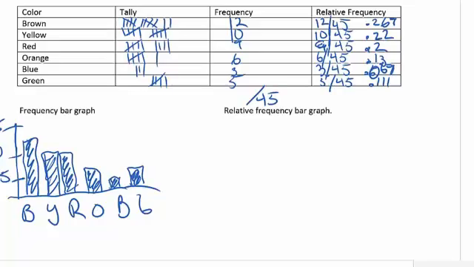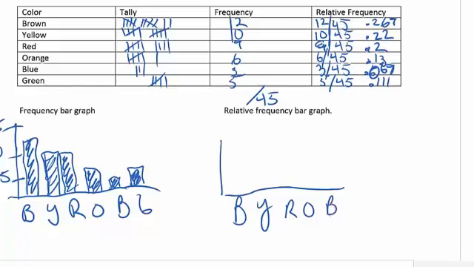Relative frequency is kind of similar to frequency in that on the bottom we keep the same labels: brown, yellow, red, orange, blue, and green. I'll add an extra letter here just so we're not confused.